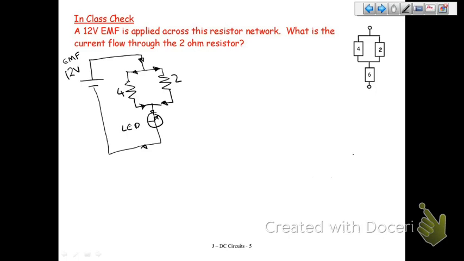It's like I've got a special little symbol. There's my LED. I've got to have 7 volts across it. I will put it in combination with other resistors so that there will be 5 volts across there, giving me 7 volts across there.